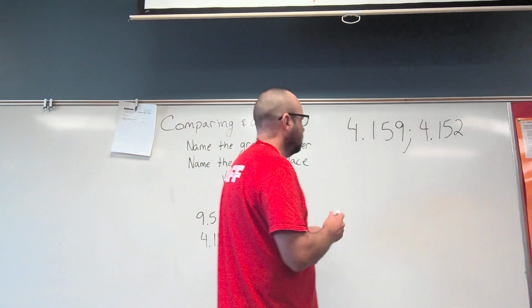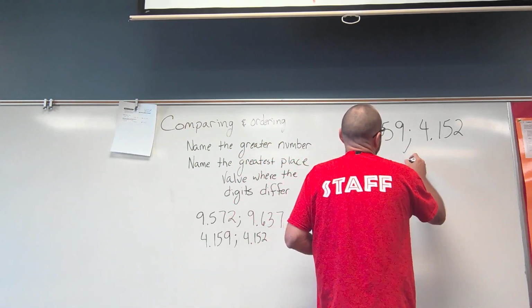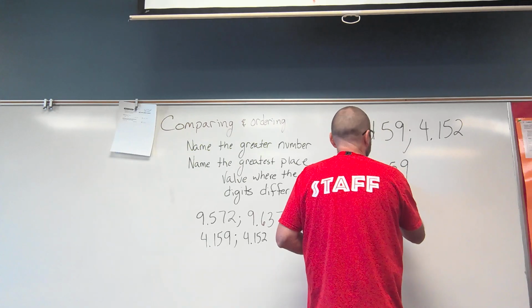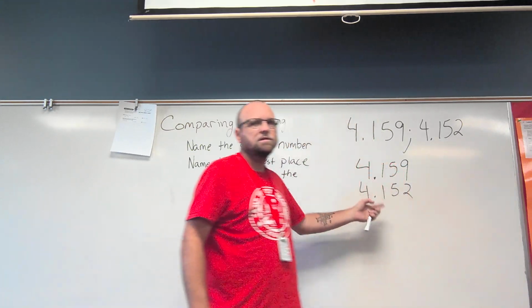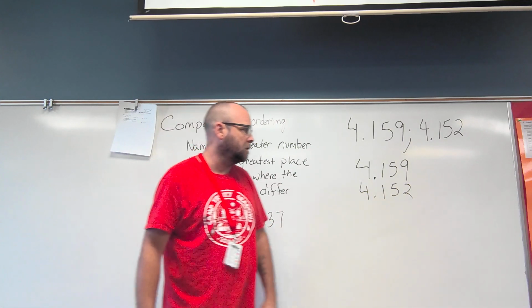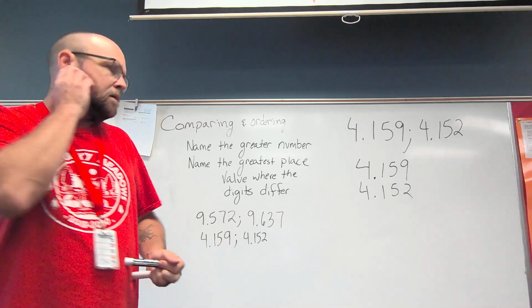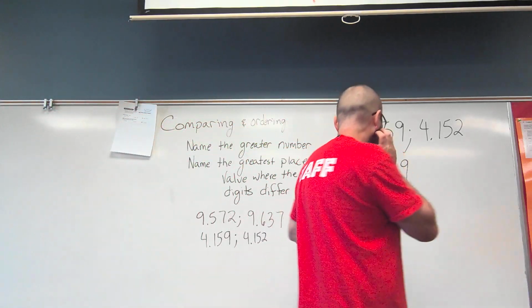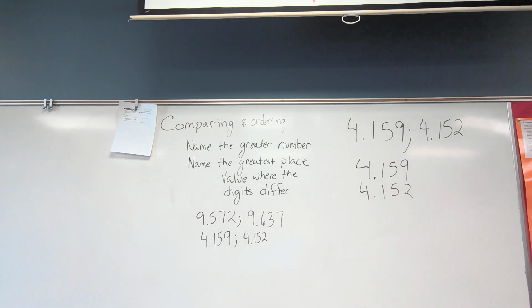Emily Kate tells me first thing we do is write down these numbers, lining up each place value. Ones over the ones, tenths over the tenths, hundredths over the hundredths, thousandths over the thousandths. Madison, where's the first place they differ?